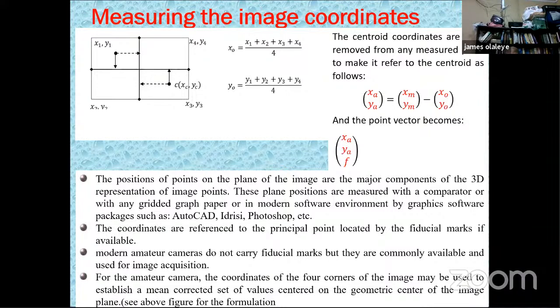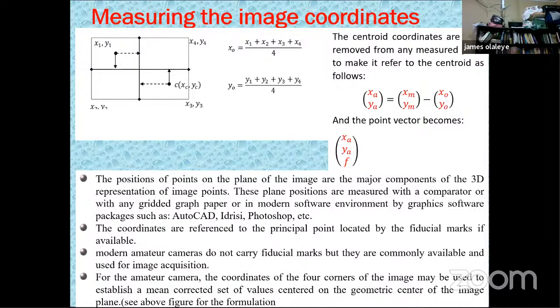These are the coordinates of the center of the image. If all goes well, the center of the image will be represented by those calculations. Any measurement you make later, by subtracting this x naught, y naught from it, the formula on that page gives you the coordinate of any particular point you have measured. But first of all, the x naught, y naught must be determined.